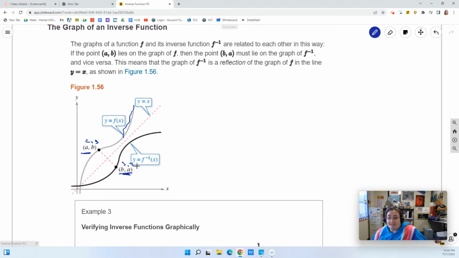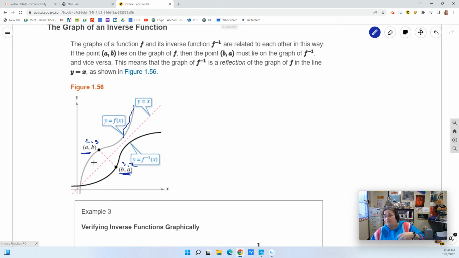Does that make some sense? For every single point that lies on the original function, it would have to have an opposing point, a flipped point. Like an evil twin, like a mirror image, right? It just flips over something. So that's all you really need to know.